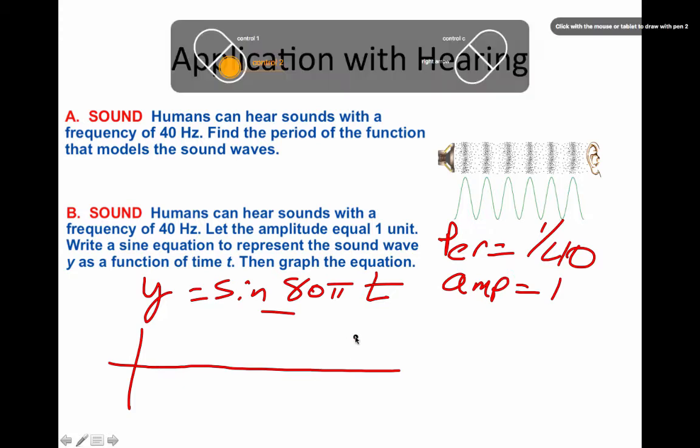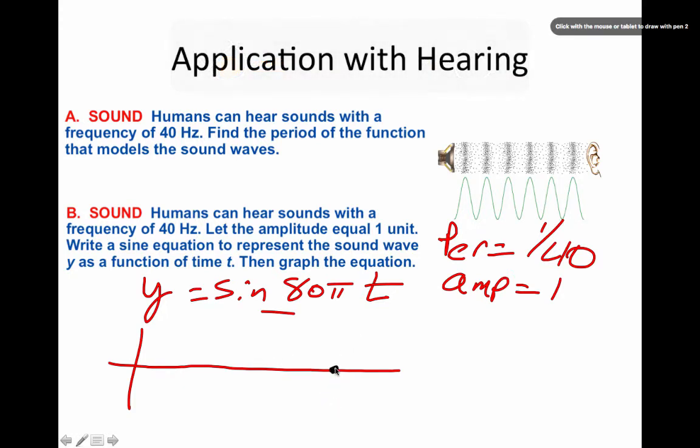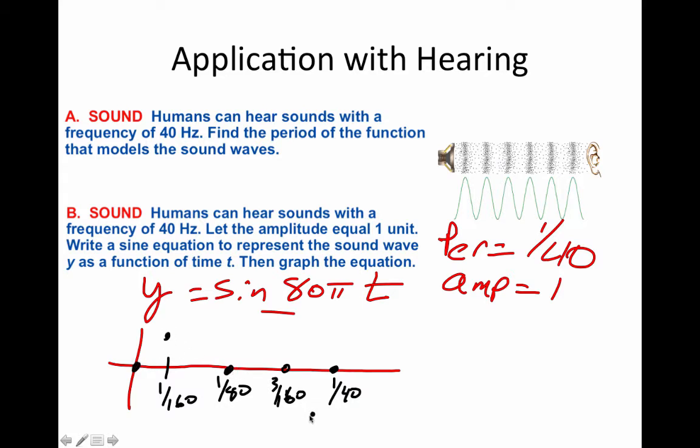So if you're going to get through in 1/40th, this would be considered like a radian idea. Half of that would be 1/80th. Half of that is 1/160. And if we're talking sine, we're talking start here, max out, middle, min, back there.